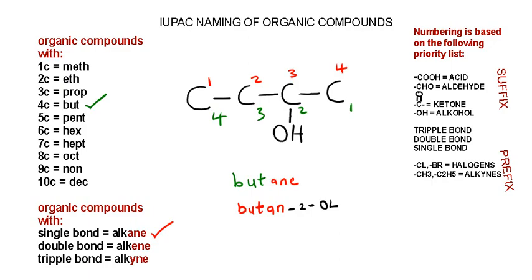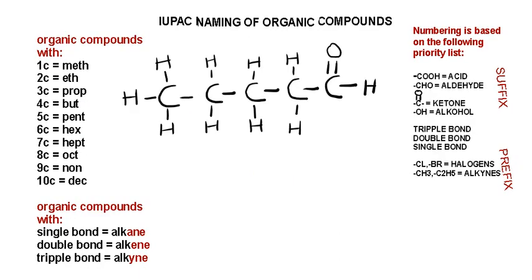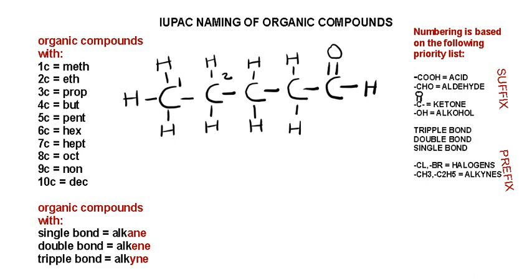Let's take another example. Okay, let's go ahead and number it in forward direction, 1, 2, 3, 4, 5. Let's also do the same in backward direction, 1, 2, 3, 4, 5.